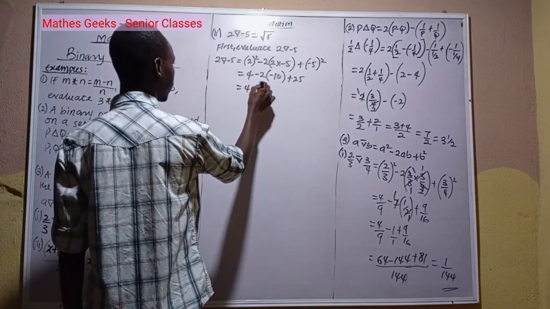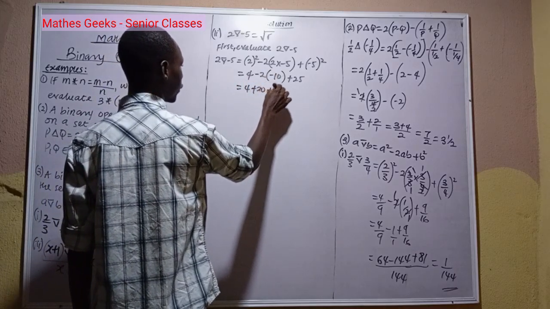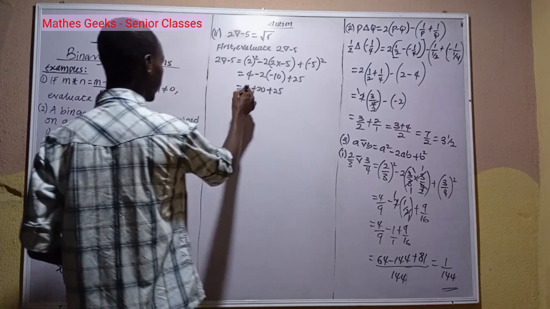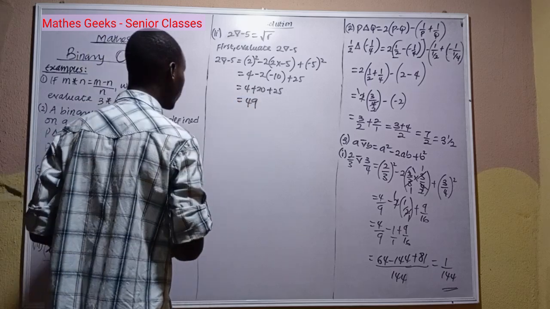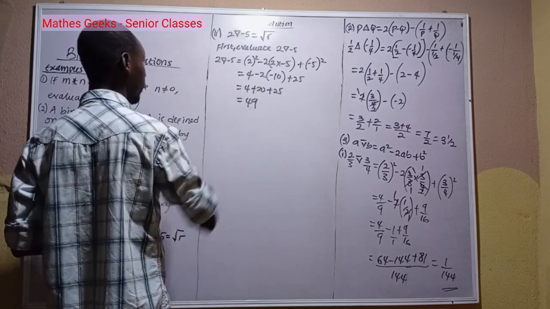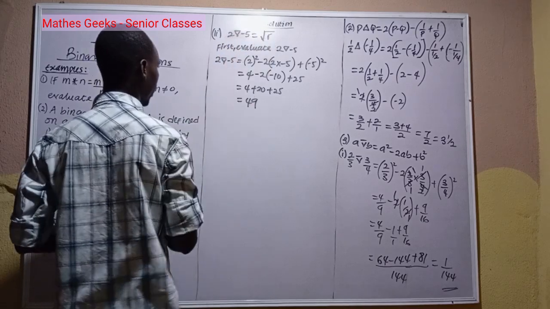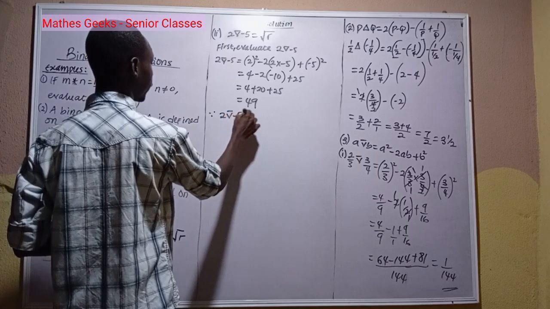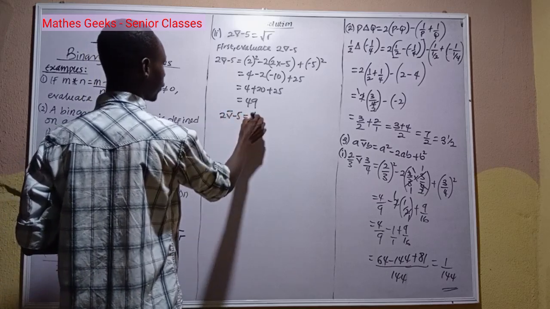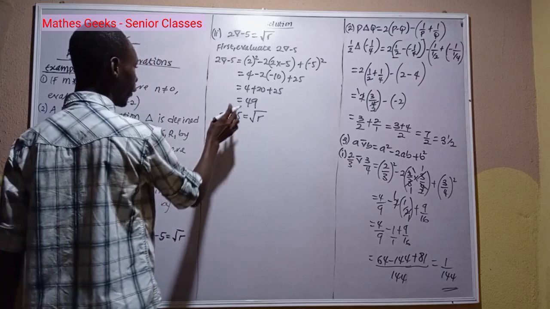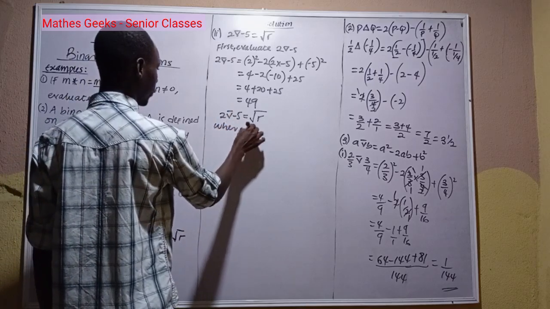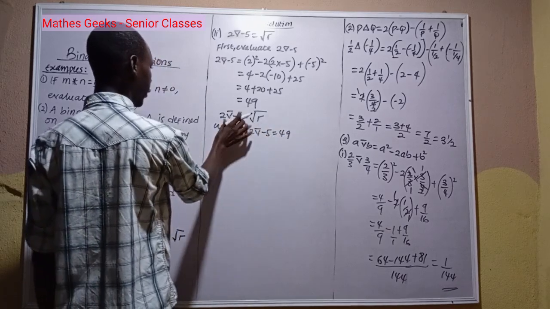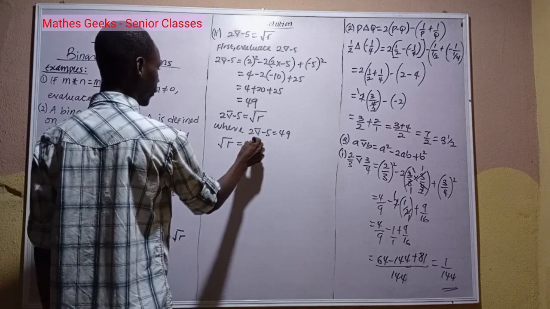Minus 2 times minus 10 is plus 20, so 4 plus 20 is 24, plus 25 will give us 49. Now remember that 2 operation minus 5 is equal to root r, where 2 operation minus 5 is equal to 49, so we put 49 here, so root r is equal to 49.